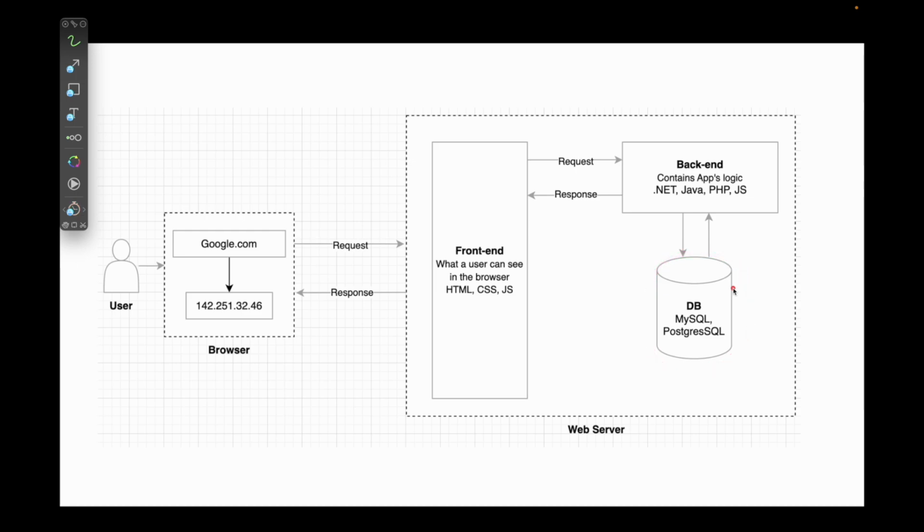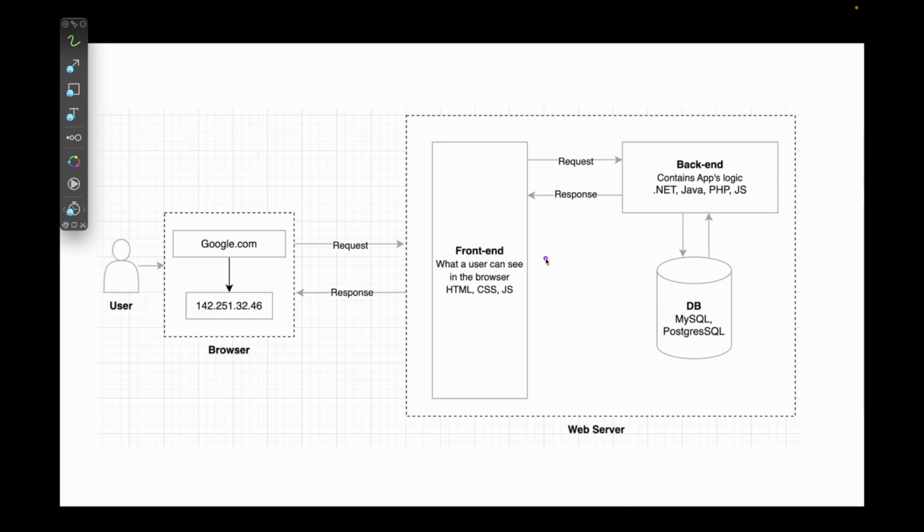For example, MySQL or Postgres, it doesn't matter for now. The backend is communicating with the database. For example, it can pull a list of products from the database and then respond to the front end with a list of products that you would like to display on the homepage of your eShop.